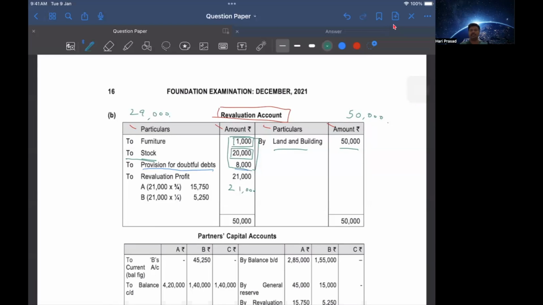The revaluation account represents profit or loss when a revaluation is done. Here it is a 21,000 profit. This profit belongs to A and B in their old profit sharing ratio, not the new ratio, because this revaluation is done before C is admitted as a partner.